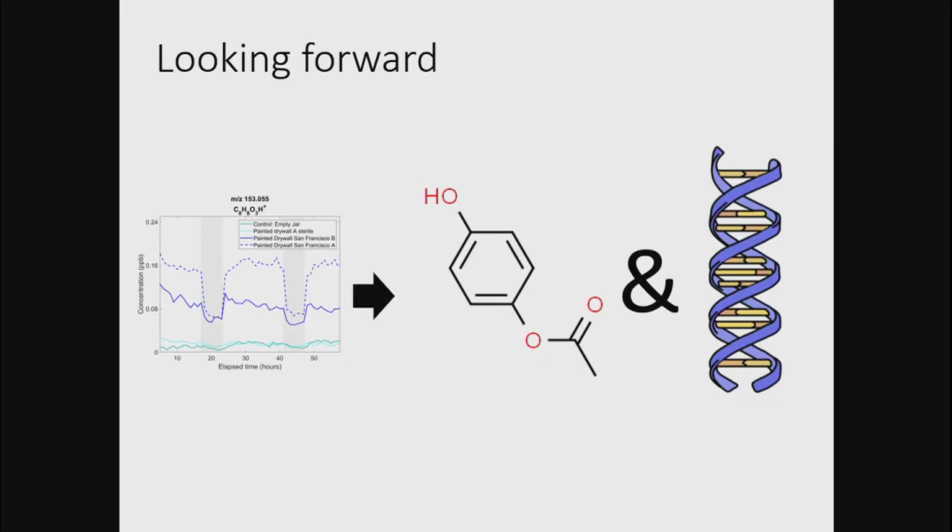So this work is ongoing, but to show where we would like to take this, this dynamic process of looking at how microbes and surfaces respond to varying relative humidity is really powerful as a way to disentangle the microbial and non-microbial source for many of these VOCs.